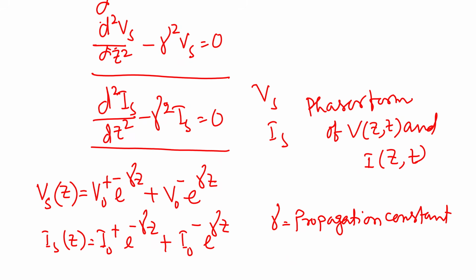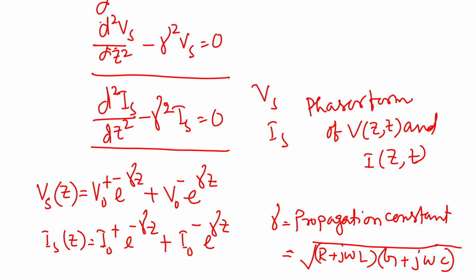The formula for gamma in terms of line parameters is the square root of (R plus j omega L) into (G plus j omega C).